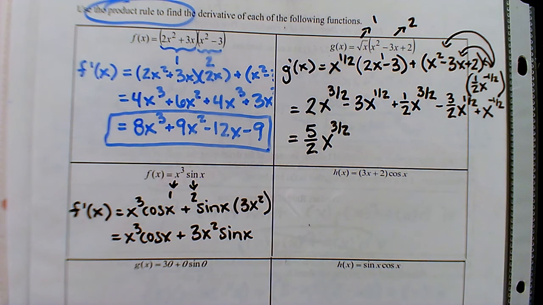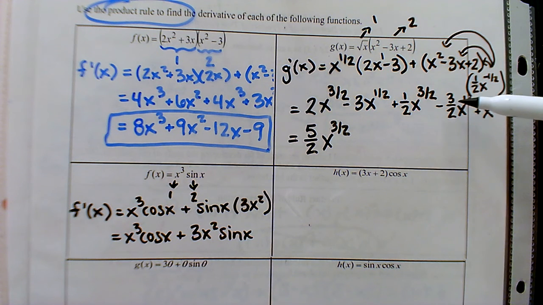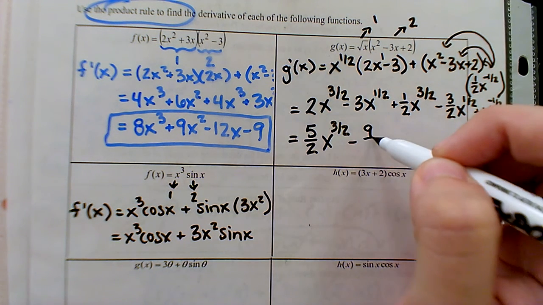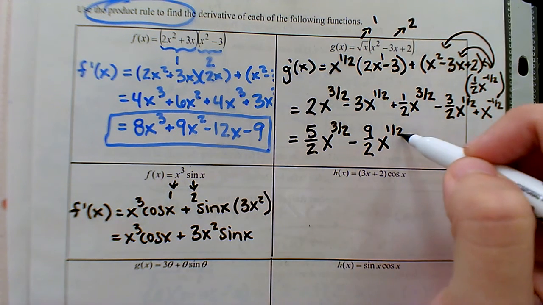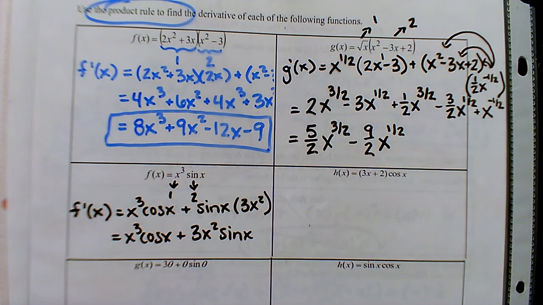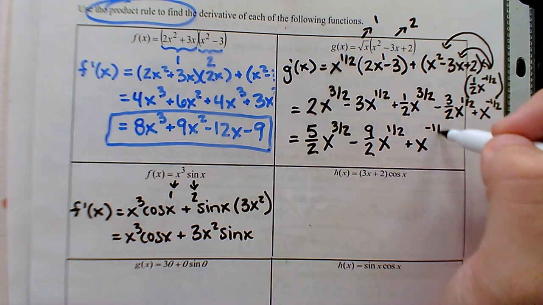Those are the same types of x's as well. They're both to the 1/2 power. So -3 minus 1.5 is -4.5. But as a fraction, we could say 9/2. We're going to get really good with fractions this year if you haven't noticed. And then the last one we have is just x to the -1/2.